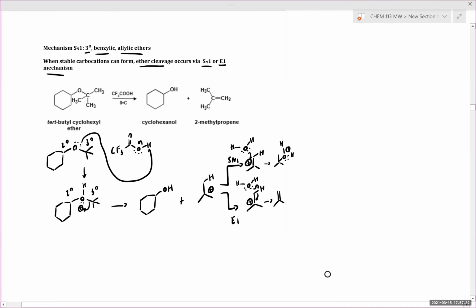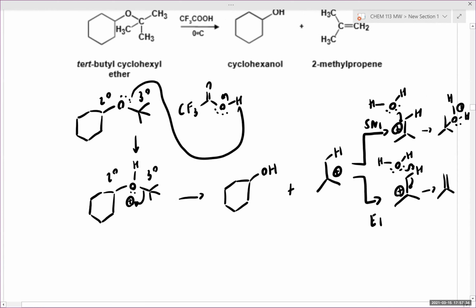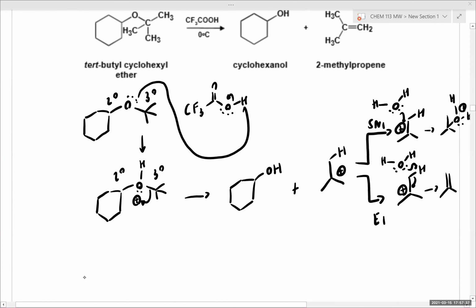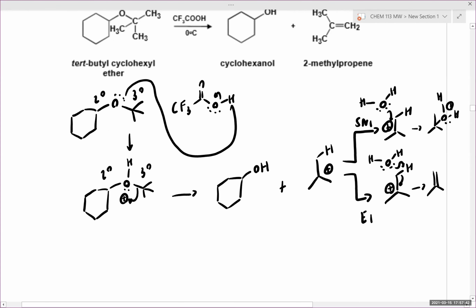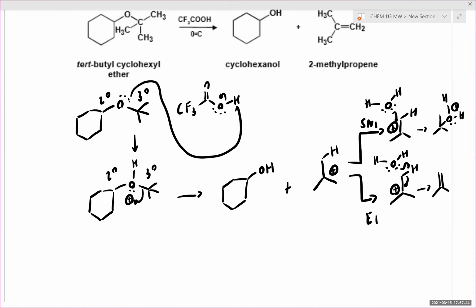So, in this case, ether cleavage under acidic conditions for highly substituted ethers occurs via a mixture of SN1 and E1 mechanisms. So we see a little bit of the SN1 product, the tertiary or other highly substituted alcohol, and we see a fair amount of elimination, which is why we see 2-methylpropene as one of our products from this reaction. Does this mechanism make sense?